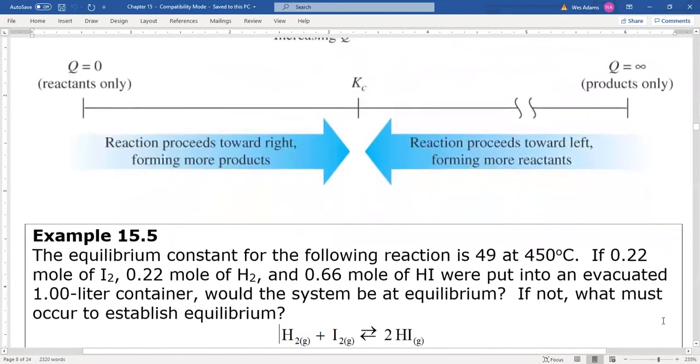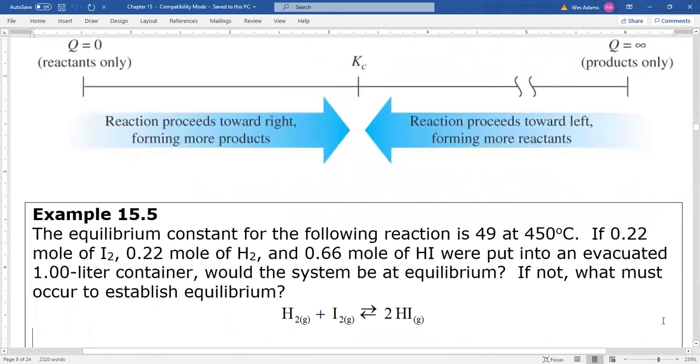So if we look at some instances, let's say we've got this reaction, H2 plus I2 reacting to form HI, but it's in equilibrium. And we know that the Kc for that is 49 at 450 degrees Celsius. Remember, the equilibrium constant is temperature dependent.